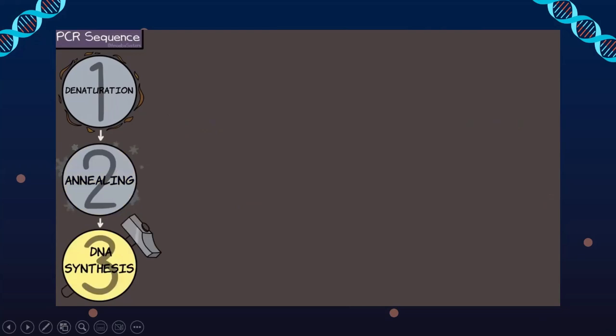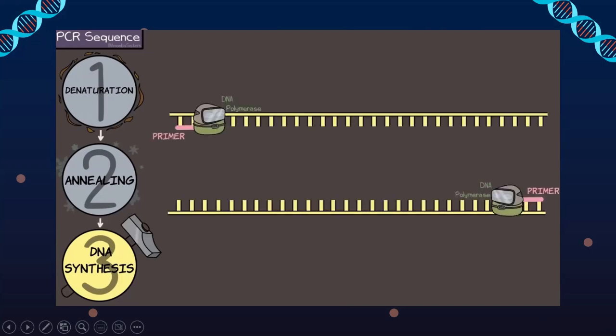And then last, for the DNA synthesis, take note that the definition of synthesis is to make something. With the DNA synthesis, we're going to make copies of the DNA. So magpo-proceed na po siya.